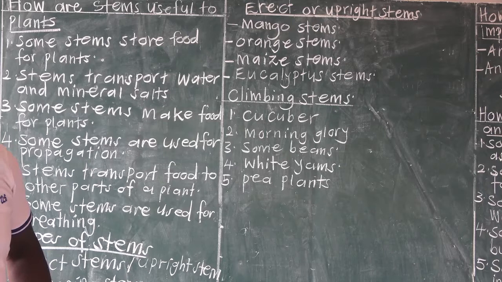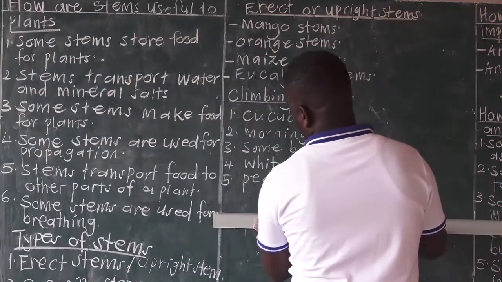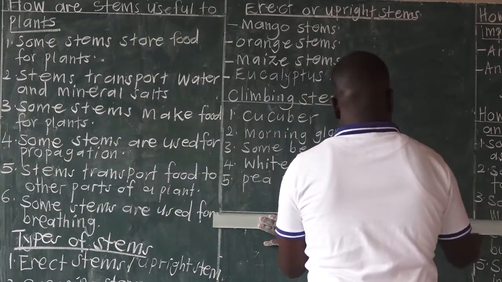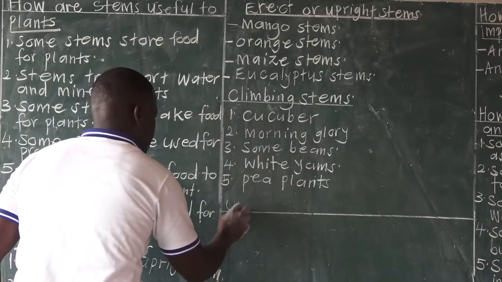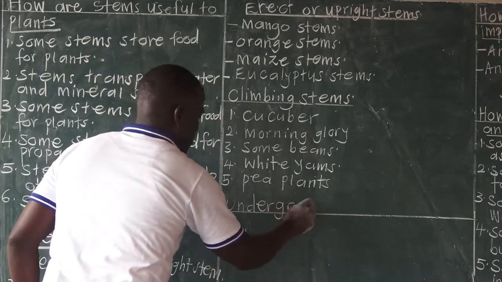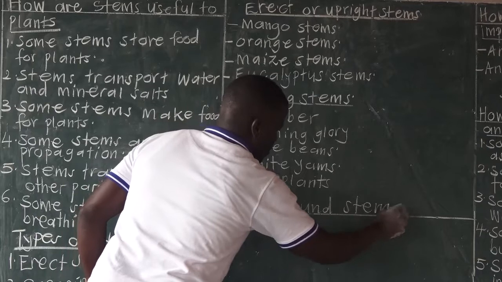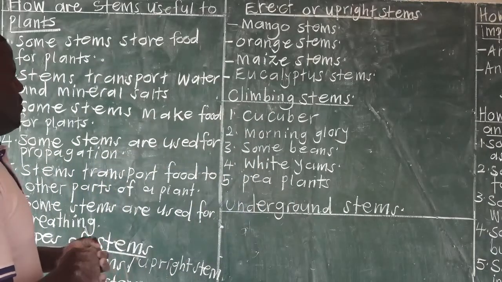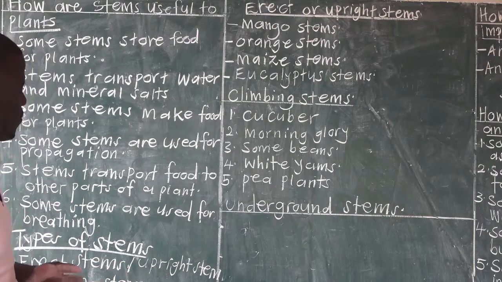Then we look at underground stems. Now, underground stems are divided into 4 groups.